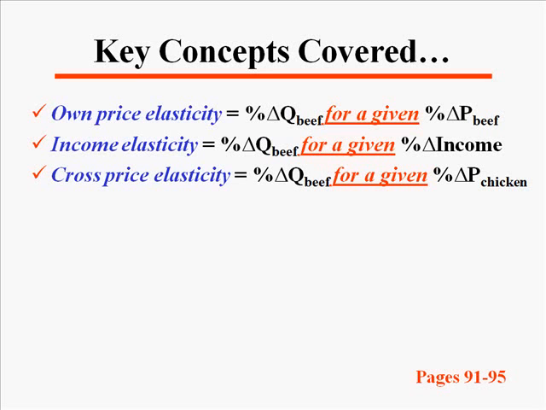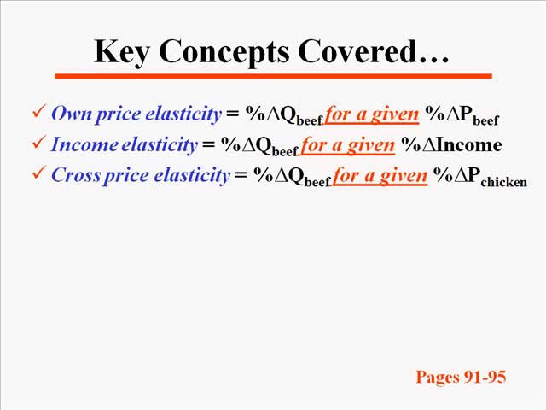Cross price elasticity looks at the percent change in the quantity of a product for a given percent change in the price of a different product. So what's going to happen here is we're going to go back to some of our demand shifters. And remember, we talked about prices of other goods.